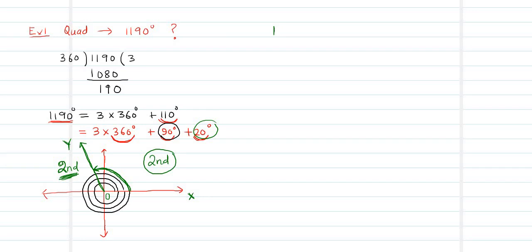Now for the second question, we will consider a negative angle. Suppose I am taking minus 1930 degree. In which quadrant does this angle fall? We need to find it out. In which quadrant: first, second, third or fourth?